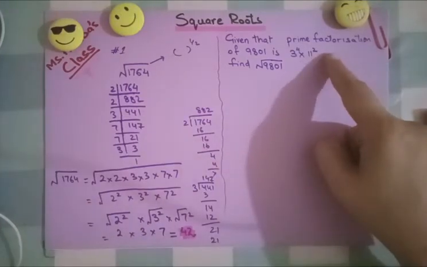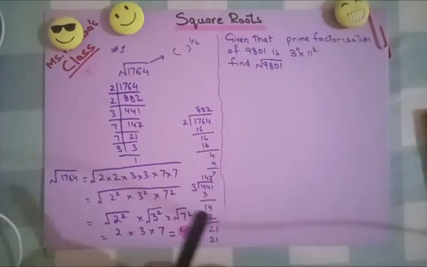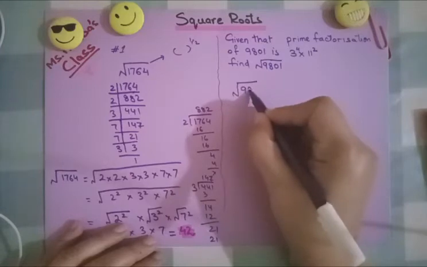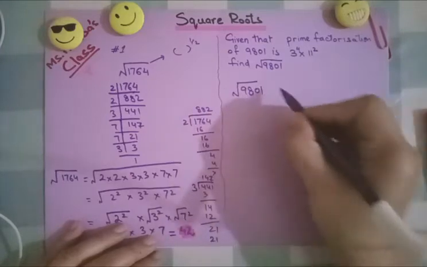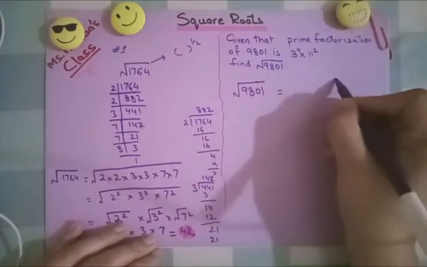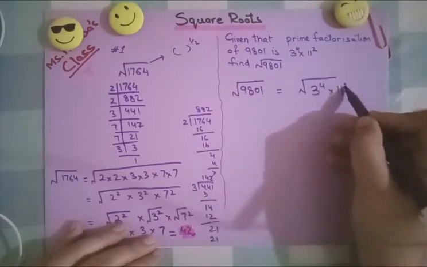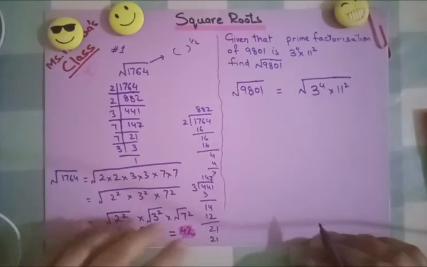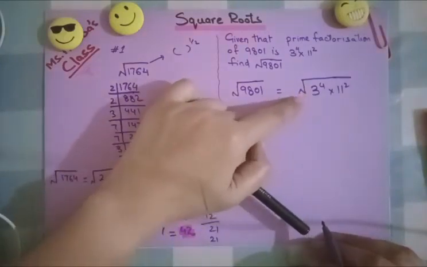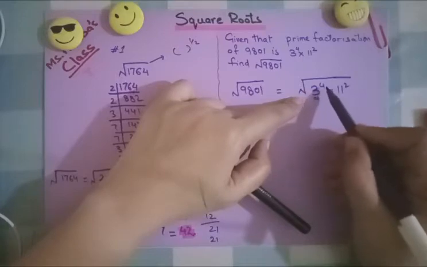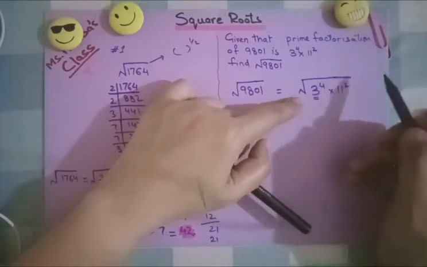Now what we have to do is write the square root of 9801 equals 3 raised to the power 4 multiplied by 11 square. As I told you, the radical value of square root is 1 by 2, so over here we have to make it in the form of square so that we can cancel it.